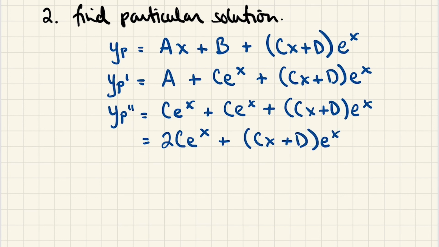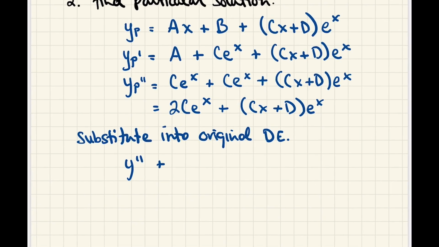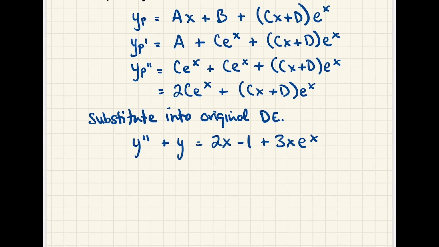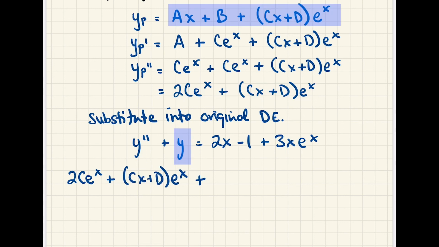Okay, so now let's go and substitute these particular forms into the original differential equation. So the original differential equation was this thing. So we're going to get y double prime, which is 2c e to the x, plus cx plus d e to the x, plus y, which is ax plus b plus cx plus d e to the x.